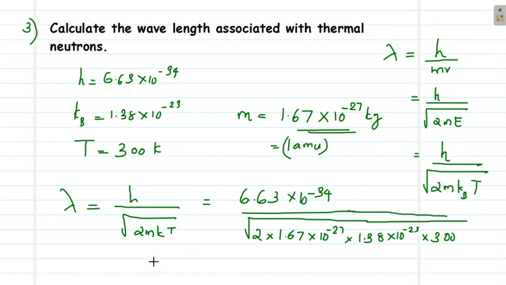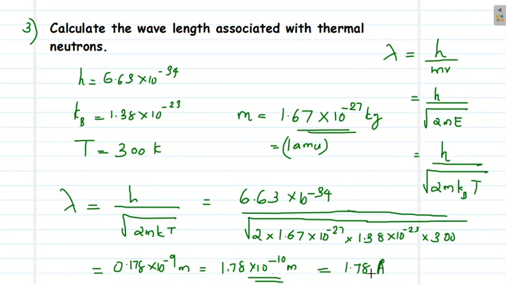So you can use a calculator to find the final value. The final value will be 0.178 into 10 raised to minus 9 meter, which is equal to 1.78 into 10 raised to minus 10 meter, or 1.78 angstrom. So this is the wavelength associated with a thermal neutron.